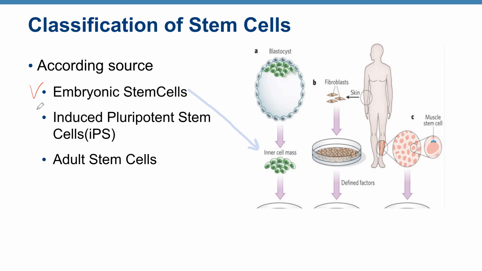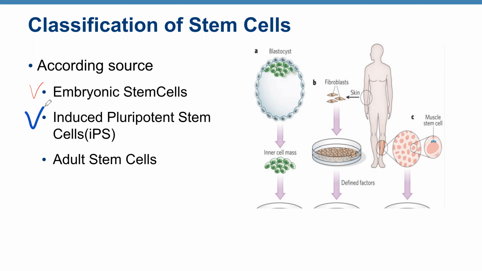We have induced pluripotent stem cells, or iPS. Those are cells of an adult. For example, over here, there is a fibroblast from skin. Then different chemicals are applied, and we can reverse those specialized cells back to pluripotent stem cells. So we can reverse them back to pluripotent.